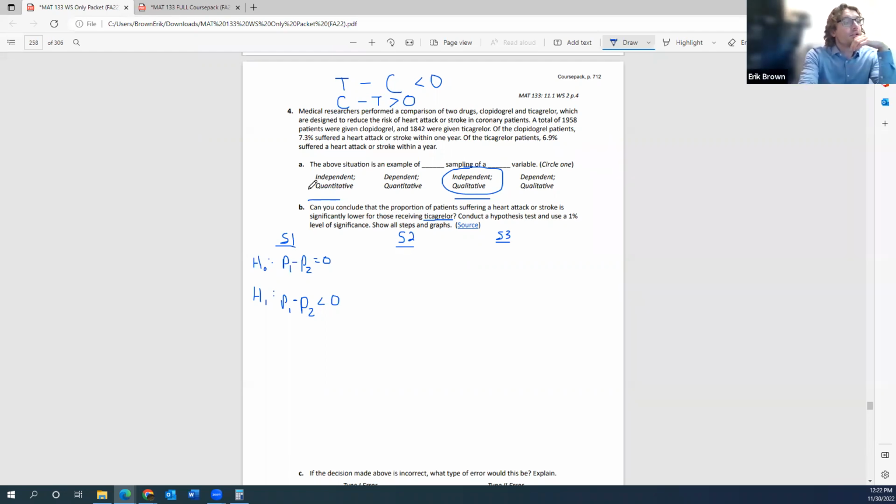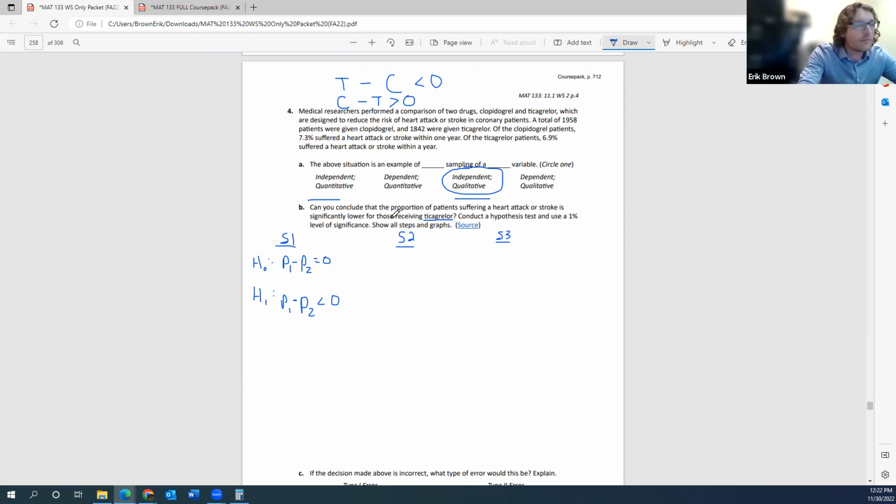So you could have either one of these and you would be correct. That's the unfortunate part of chapter 11. You just have to keep in mind which direction you subtracted and what the statement was.